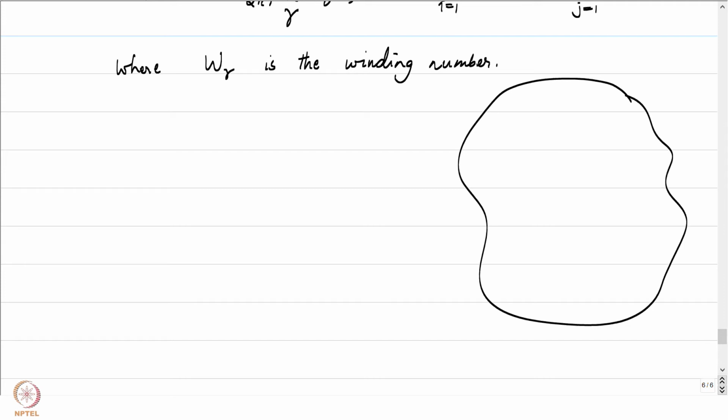Suppose we have an omega in this manner, and suppose our curve gamma is the dark green one. Suppose we have a curve like this, and some points.